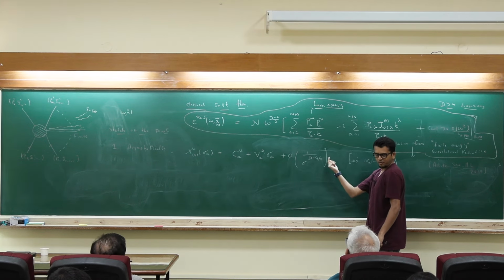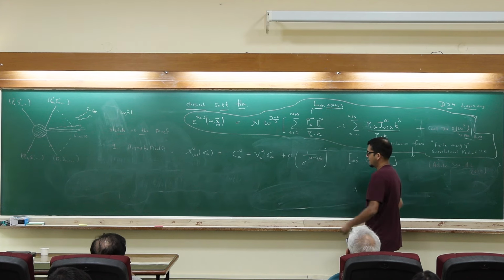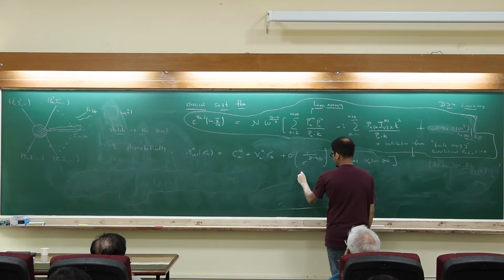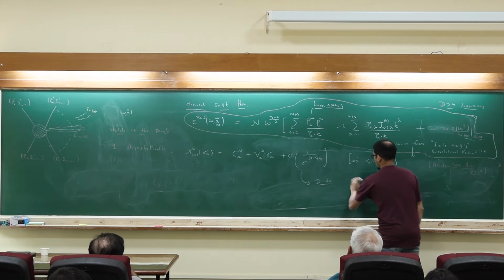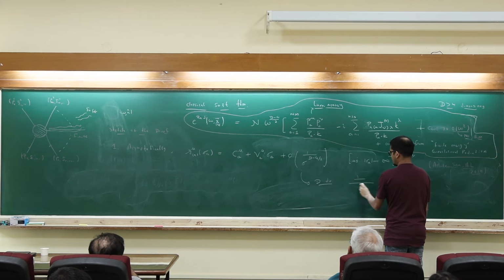I hope this point is clear. Why is this true? It is true because in d dimensions the potential will fall off as 1 by r to the d minus 2 by 2.